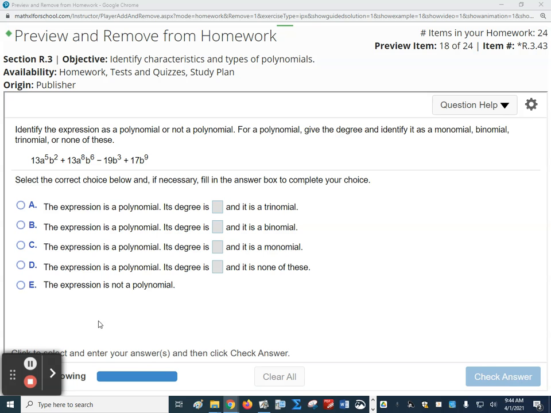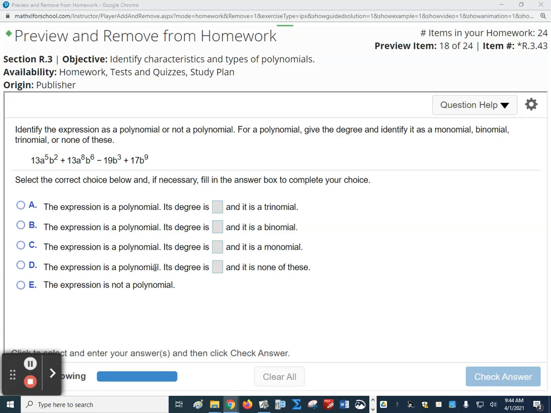So what do you think? Is it a polynomial? Does it fit the criteria? Thumbs up, thumbs down. Yeah, thumbs up. It works. What's the degree? 9, I'm hearing. Anybody else got a different answer? 14. Yeah, it's 14.